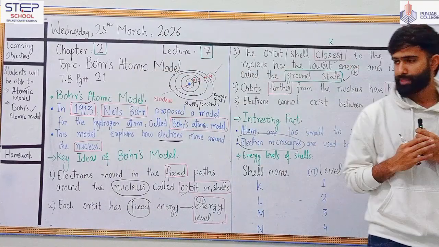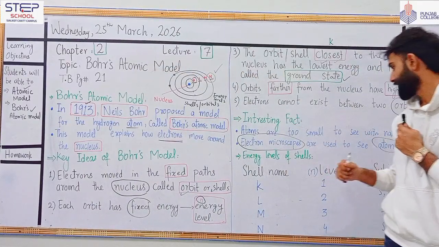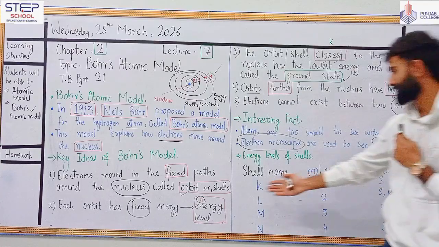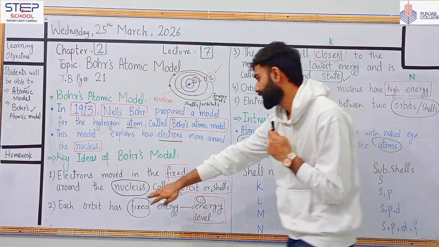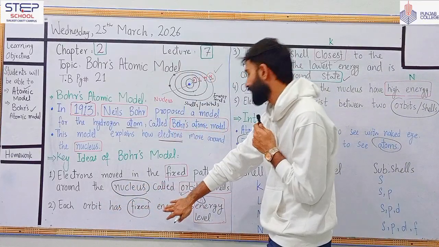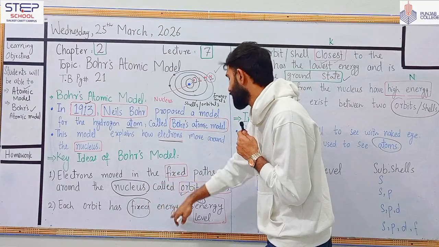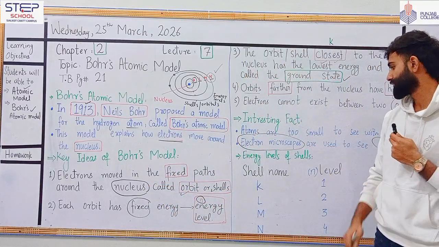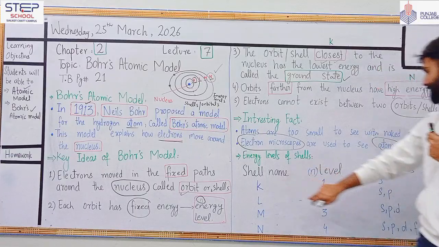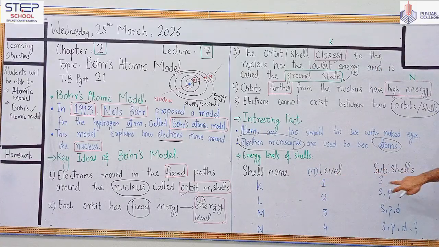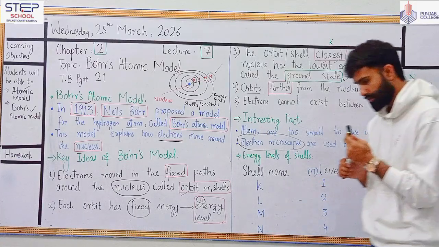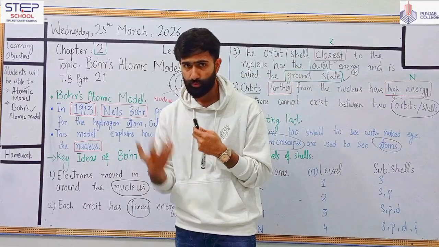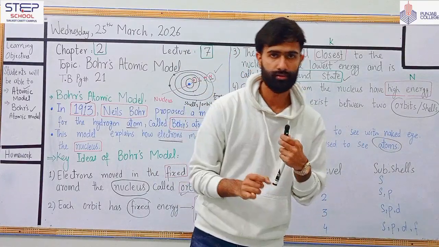Dear students, the last content for today's lesson is the energy levels of shells. As we know, each orbit has fixed energy, and we call it an energy level. Here we have the shell names, their energy levels and their subshells. We have another new term, subshells.